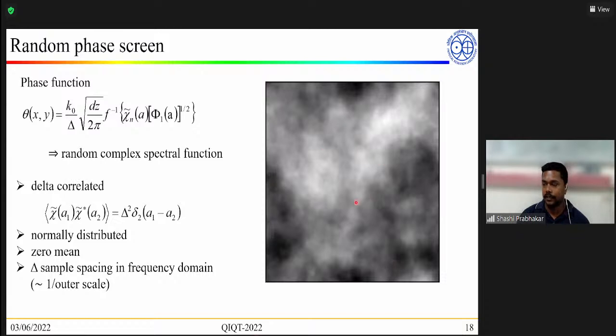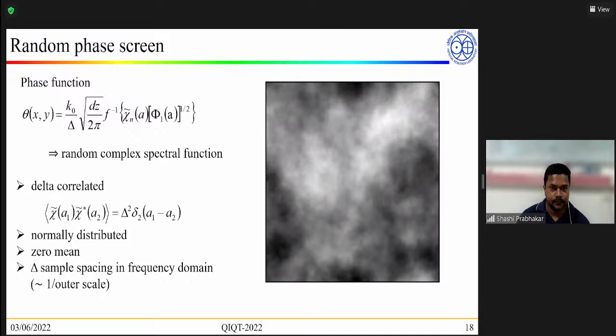Here under one of the phase screens, you can see that it's not like completely random, but they look like clouds. Okay? In this case, what you can observe is the beam will get completely distorted. Depending upon the turbulence, you will have the effect of turbulence strength.